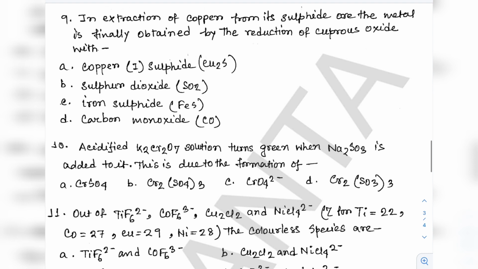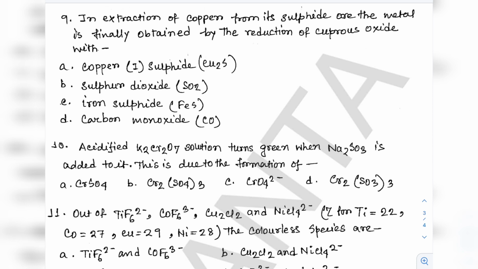Next, question 9. In extraction of copper from its sulfide ore, the metal is finally obtained by the reduction of cuprous oxide with: first option copper(I) sulfide, second sulfur dioxide, third iron sulfide, and fourth option is carbon monoxide.